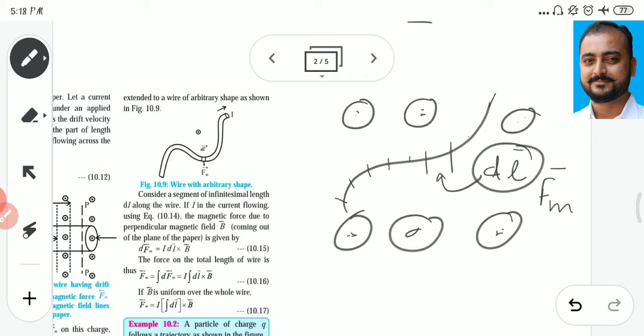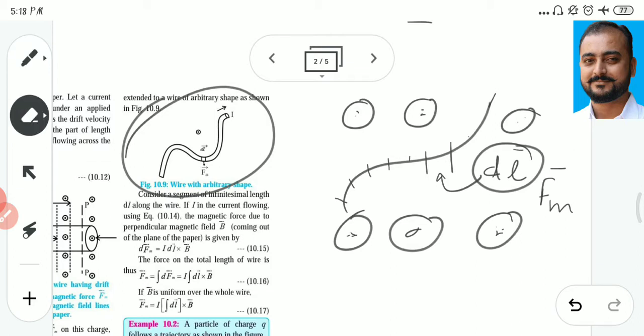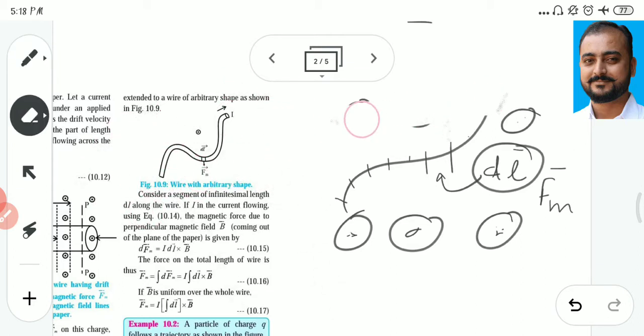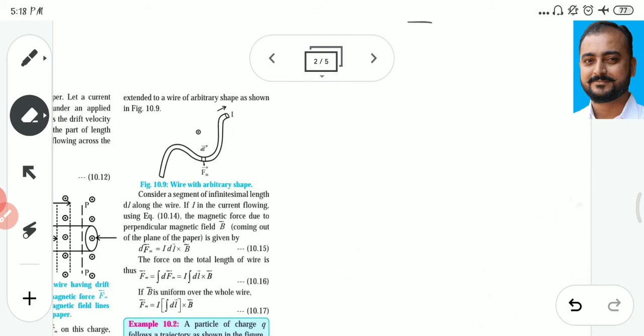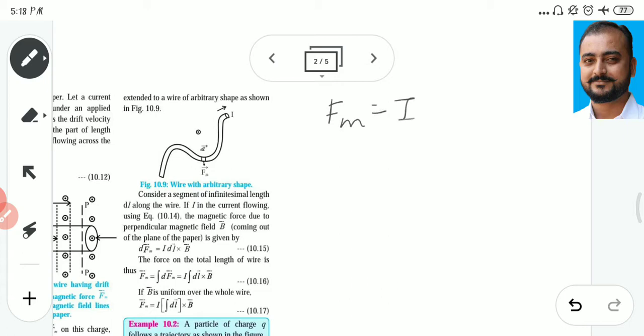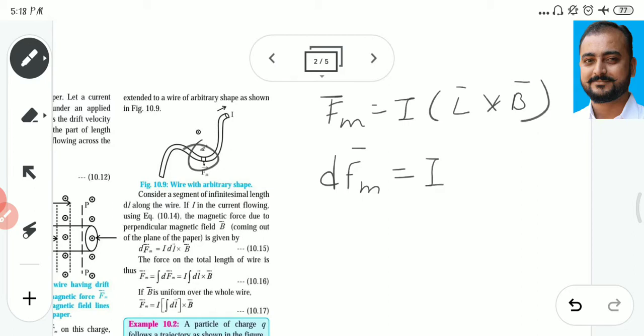So for that our formula now becomes, okay, we have to focus on this figure. Now we have to use the formula. Recently we studied the formula Fm is equal to I multiplied by L cross B. But now we have to calculate a small force acting on a small piece of wire. So the current flowing through it is I. What is the length here?